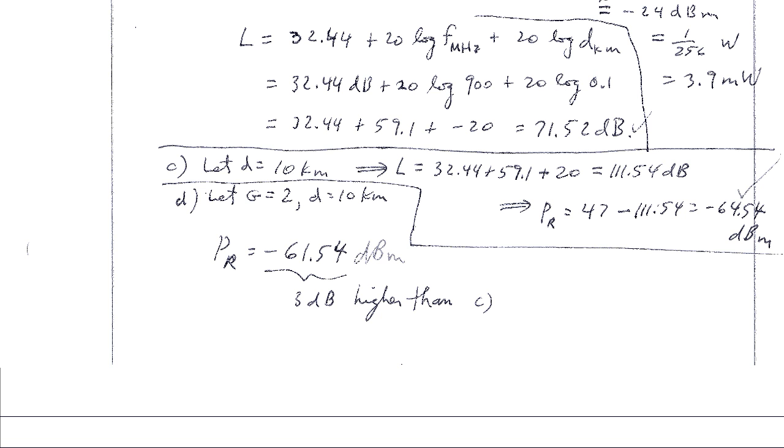And so my new loss calculation is 111 dB. And so the received power is the transmitted minus the 111, which is minus 64.5 dBm.